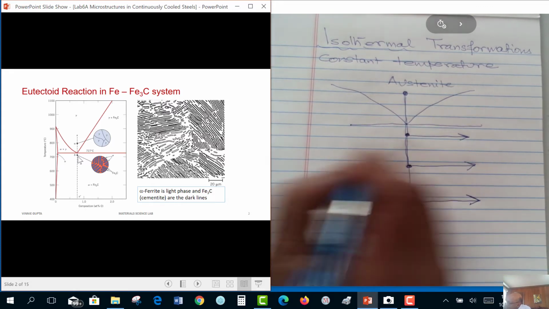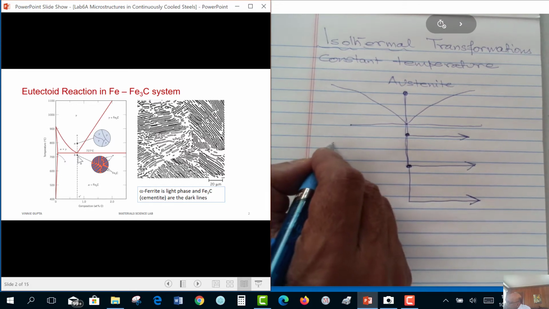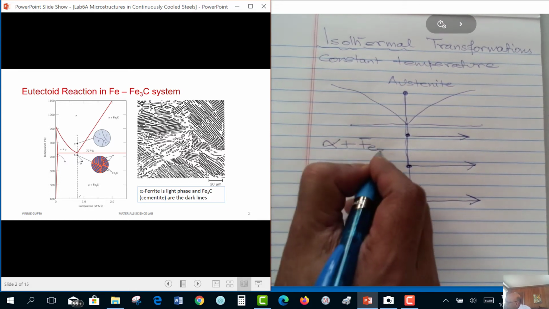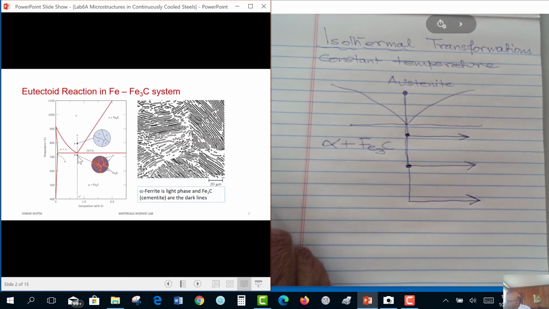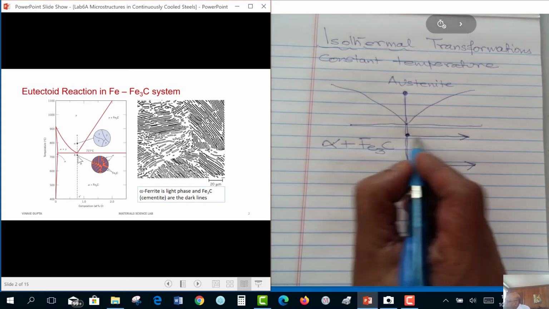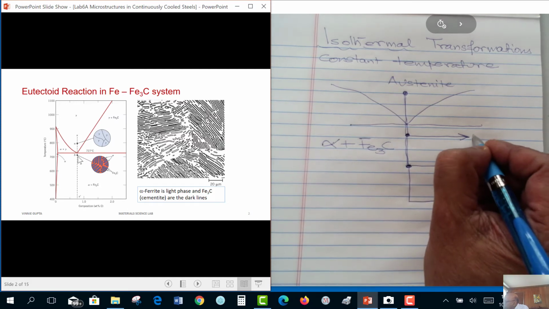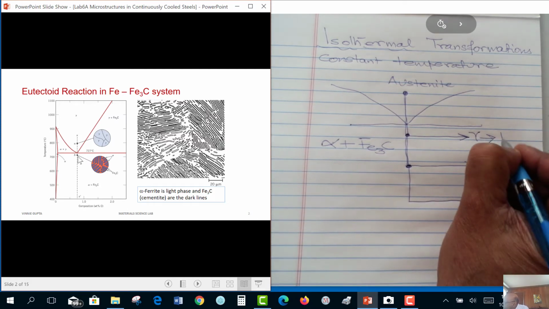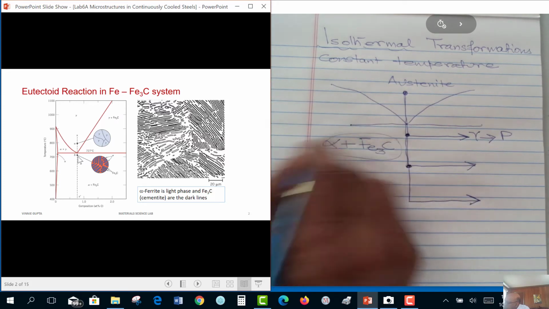So what we will find is that our phase diagram says we should have two phases, alpha and Fe3C. So we'll find out that austenite transforms to pearlite, which is composed of these two phases.